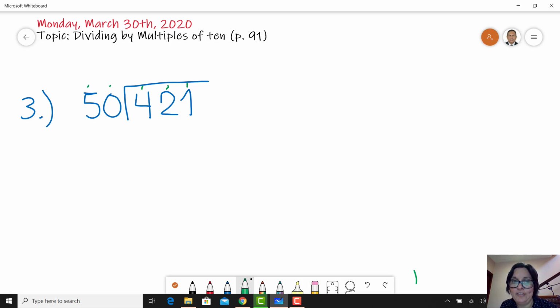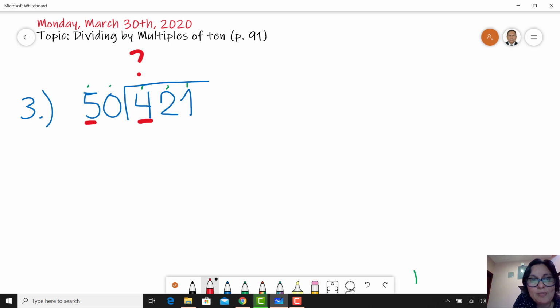So now we have 421 divided by 50. Now let's use our trick because we don't know the timetable of 50. So we are going to use the trick. Vamos a usar el truco. What trick? I will take only 5 right now just to investigate the number here. And on this side, do I have to use 4?